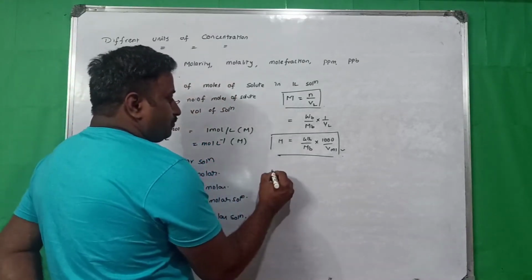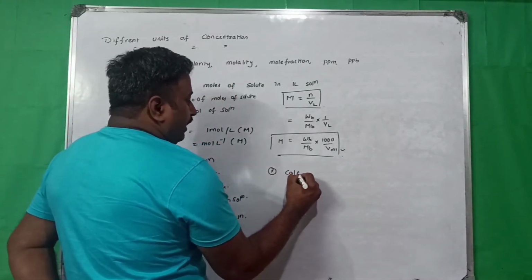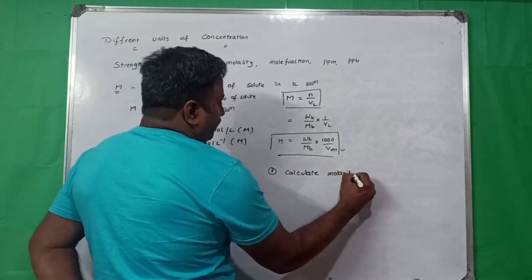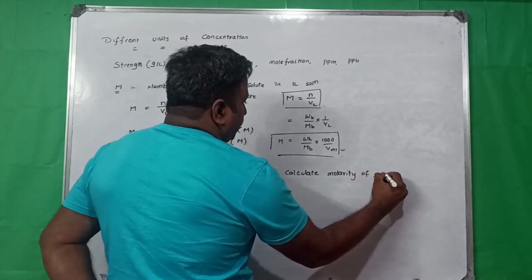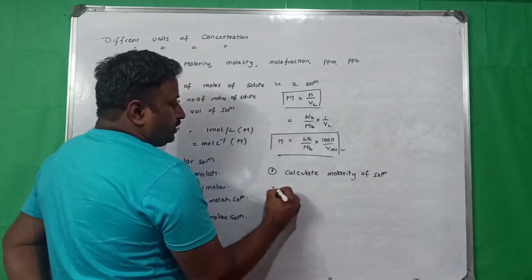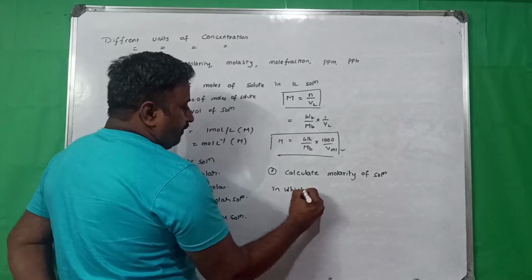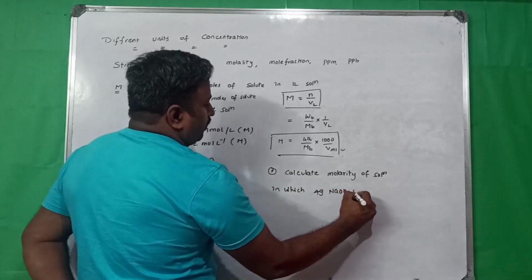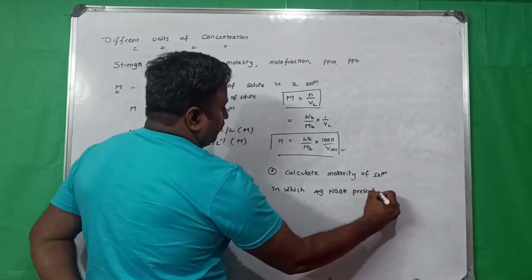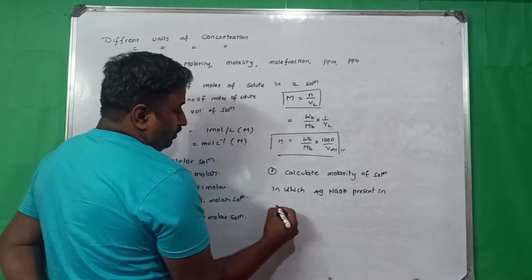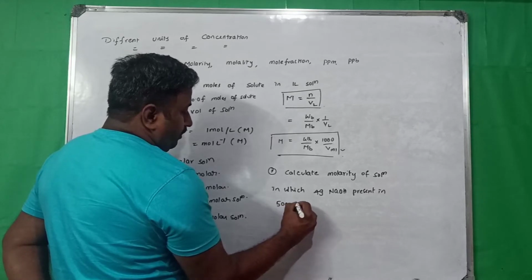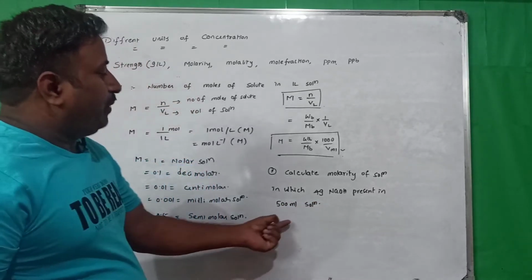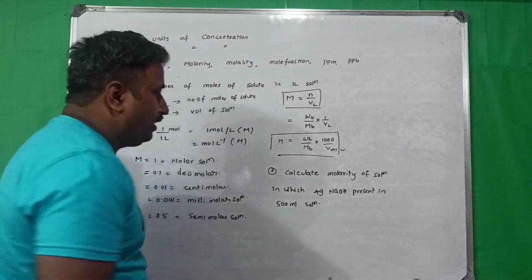Question number 1. Calculate the molarity of solution in which 4 grams of NaOH is present in 500 ml solution. Here the volume is given in ml, so we can use this formula directly.